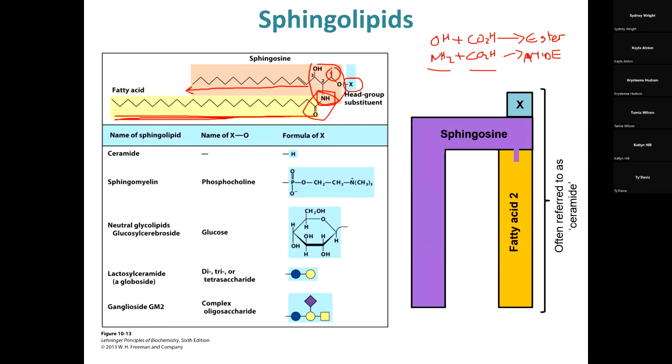At carbon number 2, you have the carbon attached to the amine, which forms the amide with a fatty acid. Remember, there's a whole family of fatty acids, and the furthest chain, like I said, is the long chain alkane with the vinyl group, the alkene at the beginning.